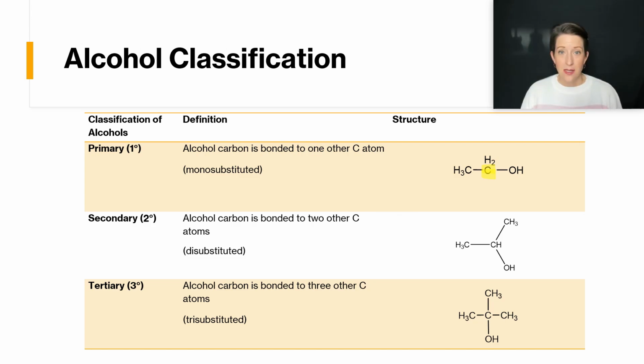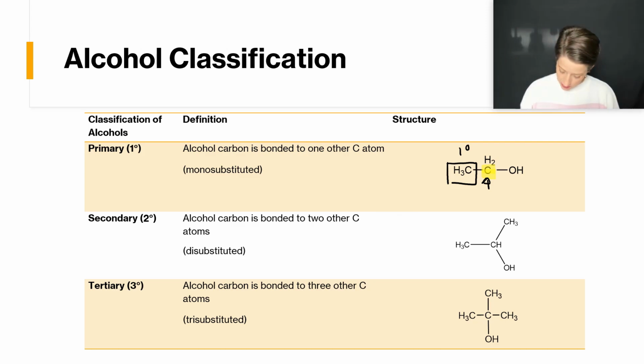As we had done with our carbon classification with our hydrocarbons, we want to look at what else is bonded to the carbon we are investigating, so the alcohol carbon.